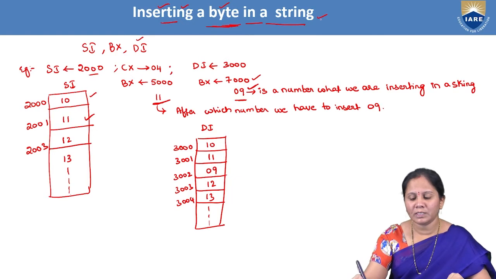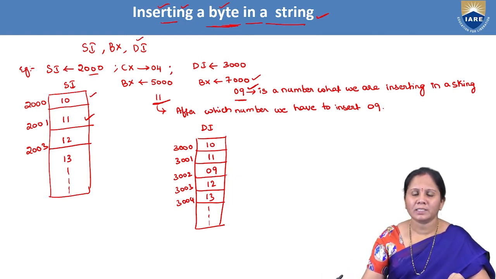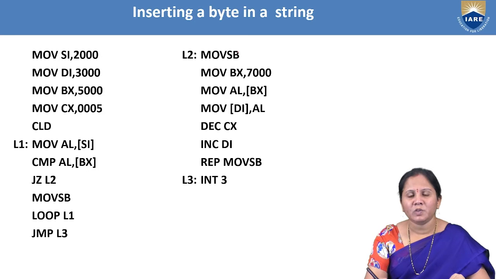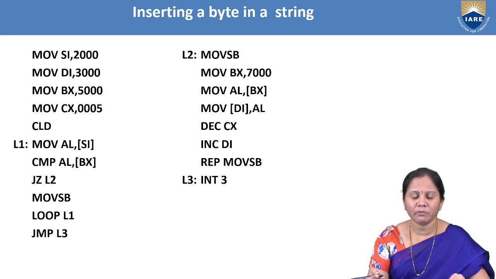So now we have to consider this example and we have to write the assembly language program. Now, here this assembly level language program is a low level language. Generally to write this program we will use the mnemonics because it will be easily understandable by the user.